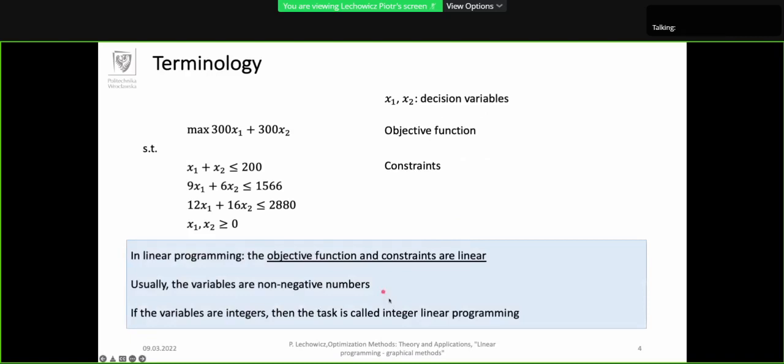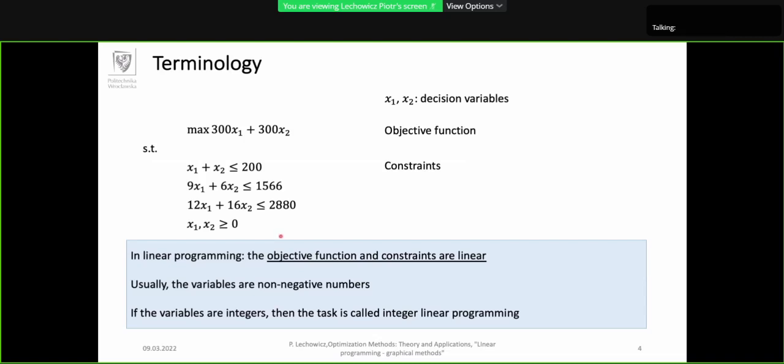And there is often an assumption that the variables are non-negative. It's not obligatory, but in many real-life examples, the variables which, for example, describe the production amount, or the road distance, or the amount of ground removed when we're building a road, cannot be negative.